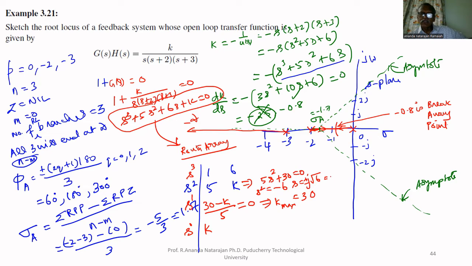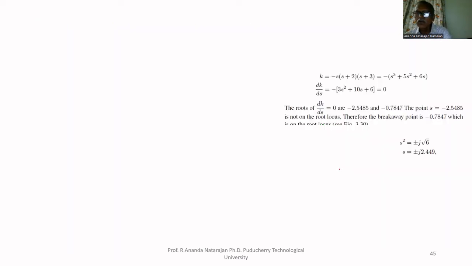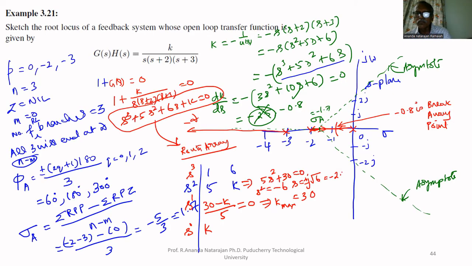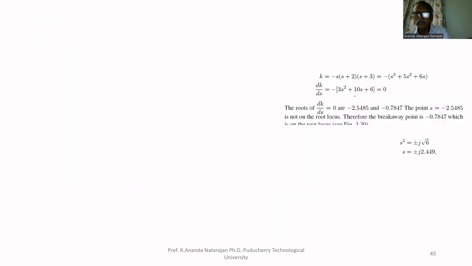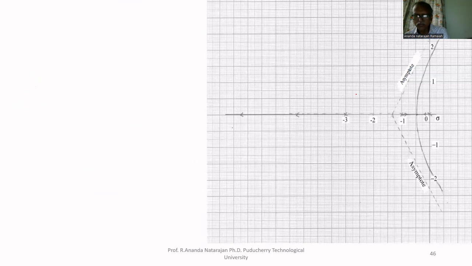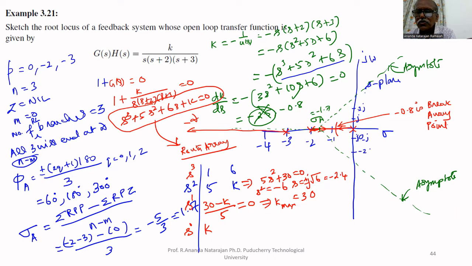j root 6. That is equal to minus 2.4. So it cuts the root locus at minus 2.4. This is minus 2j. Therefore, 2.4 will be here.